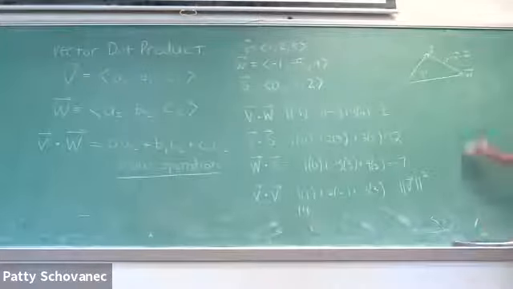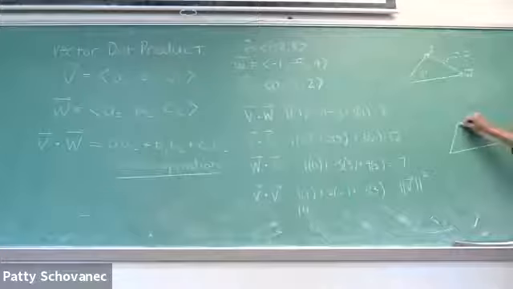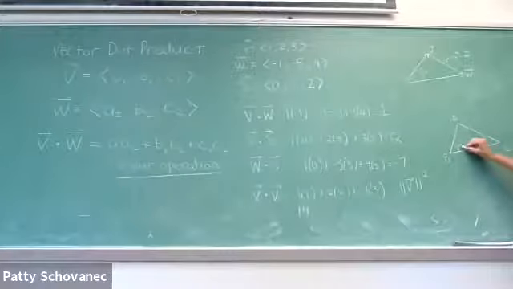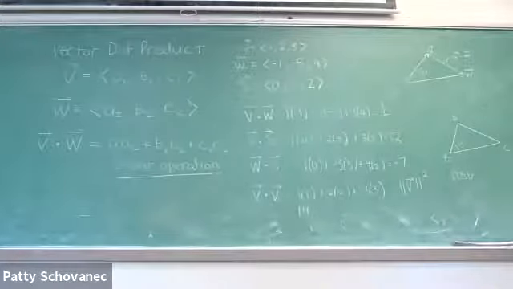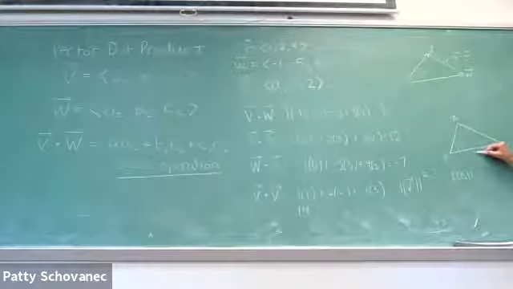Let's put some A's in here and B's and C's. So A, B, C. Suppose I want to know this angle here. Well, I could figure out the cosine of that angle. Cosine of that angle that corresponds to B is equal to, let's see, let's name the sides opposite the angles with lowercase letters. That's a little a.